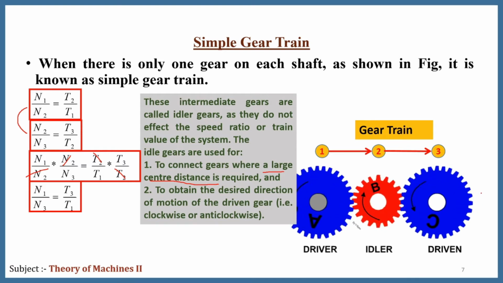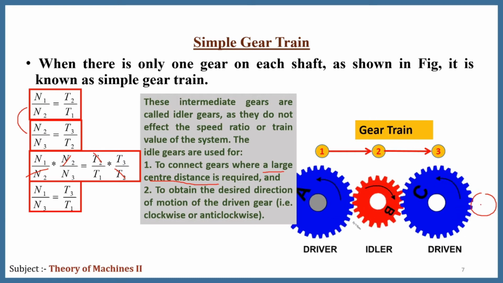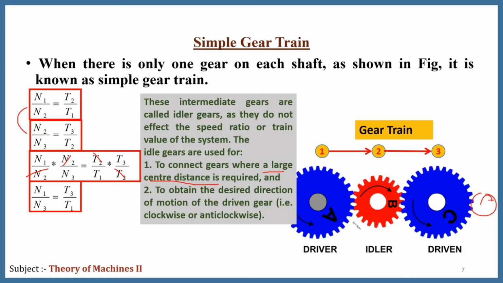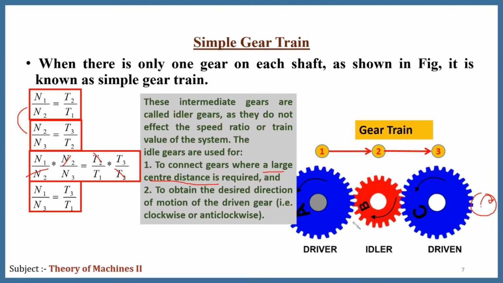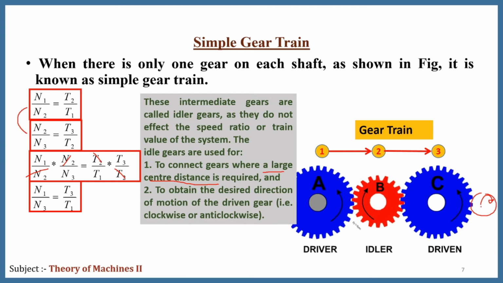Suppose I have added that gear over here at this location. This is anti-clockwise, clockwise, again anti-clockwise, and this rotates in the clockwise direction in this way. That means if we add gears in between, we can change the direction of rotation of the driven gear. To change the direction of rotation, we need to use the idler gears.